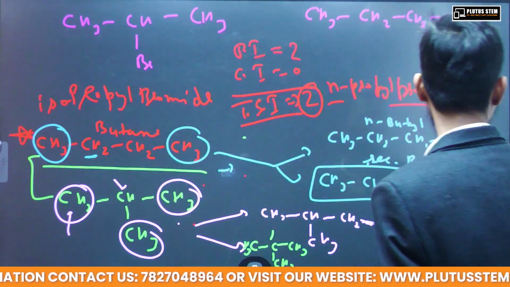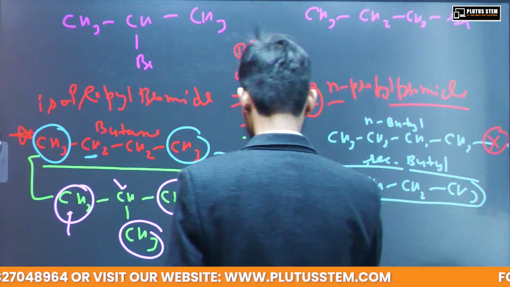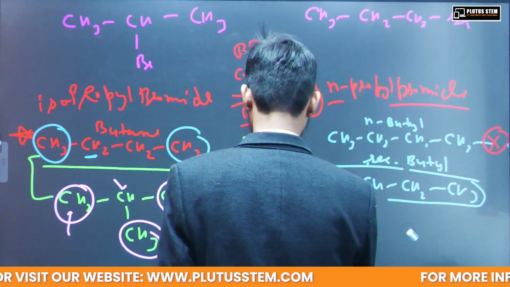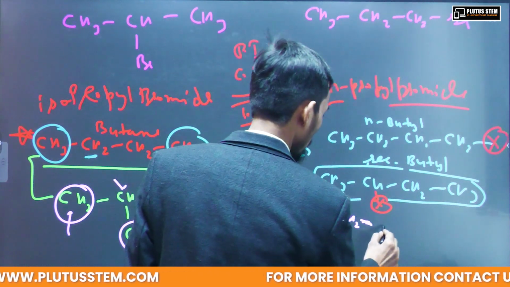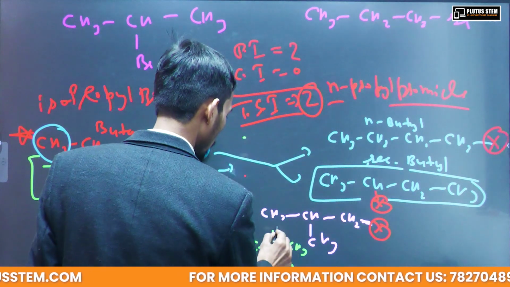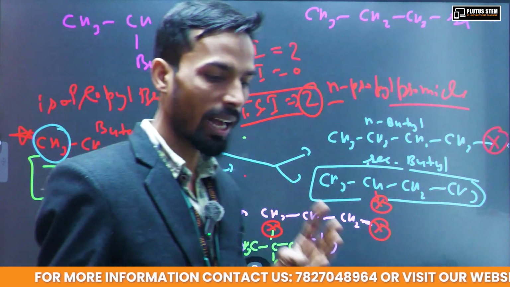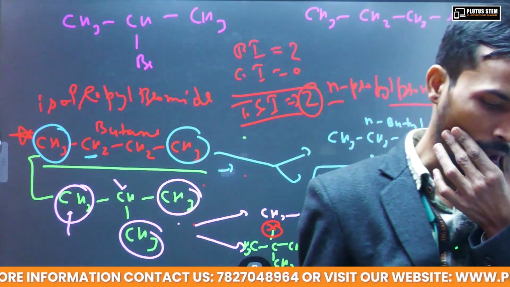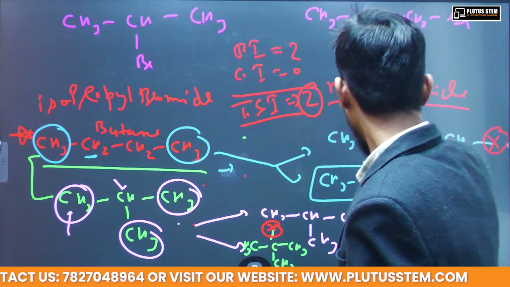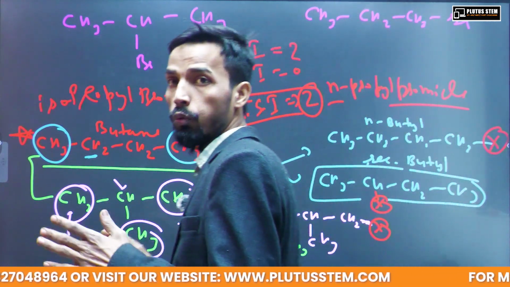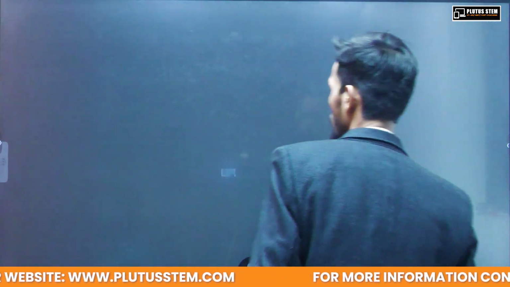So if we attach halogen over here, halogen at this side, halogen at this side and halogen at this side. So how many isomers can you see from this carbon 4? Can you count this or not? 4 isomers possible or not? I have shown you over here. So there are 4 structural isomers of this alkyl halide.